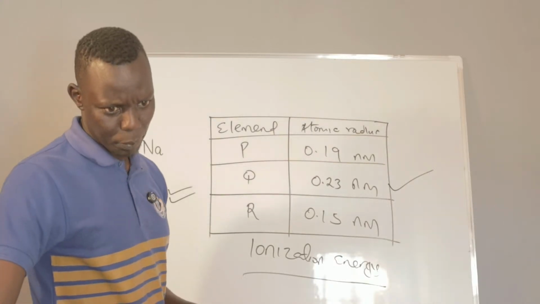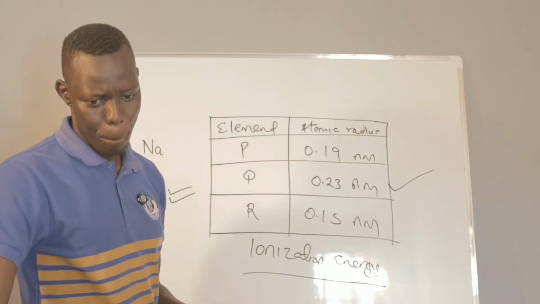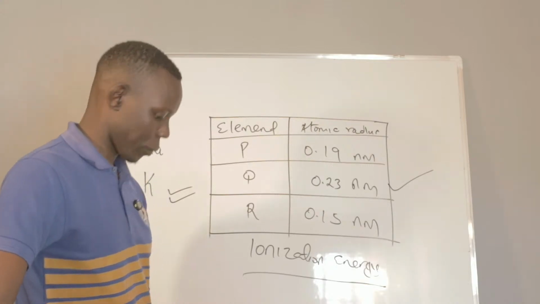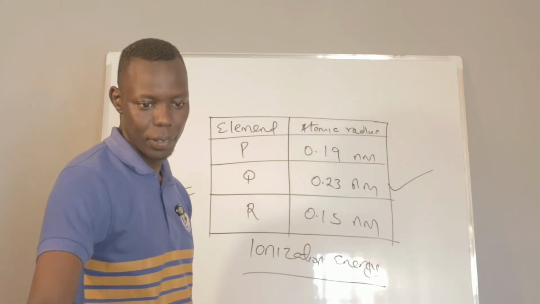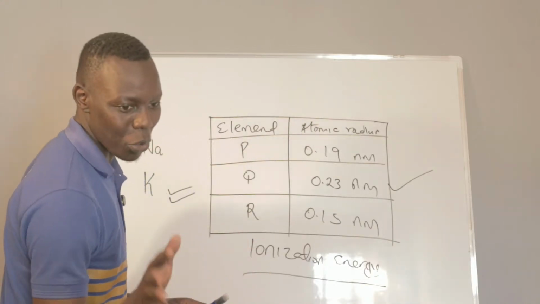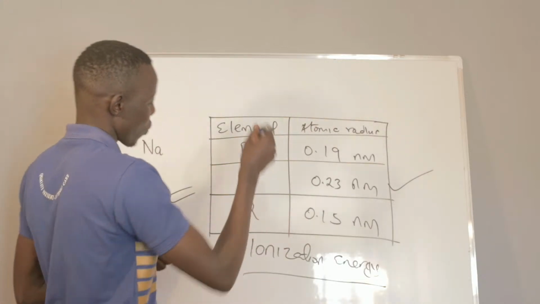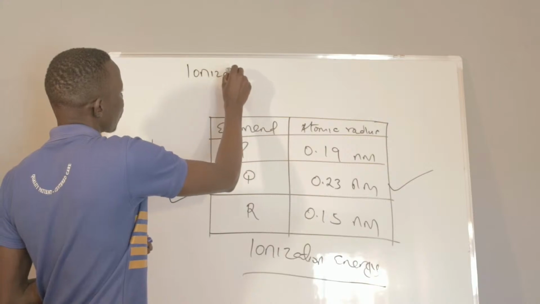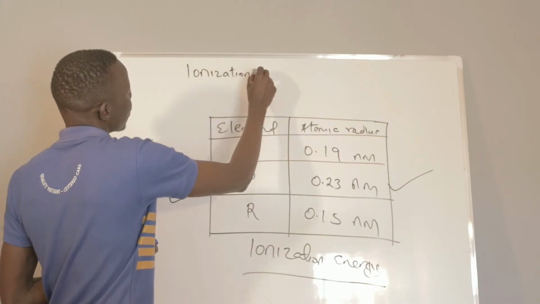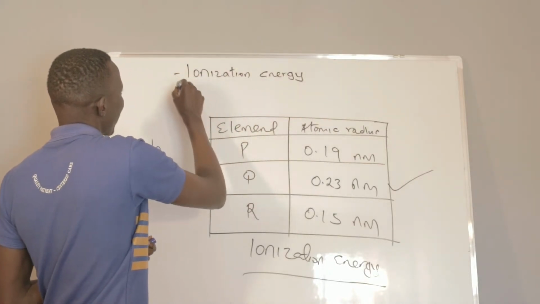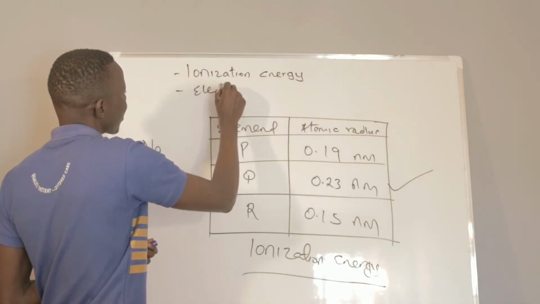Did you understand that explanation? Good. Now, allow me to explain this. There are two terms people sometimes confuse. There is a term called ionization energy, and there is a term called electron affinity.